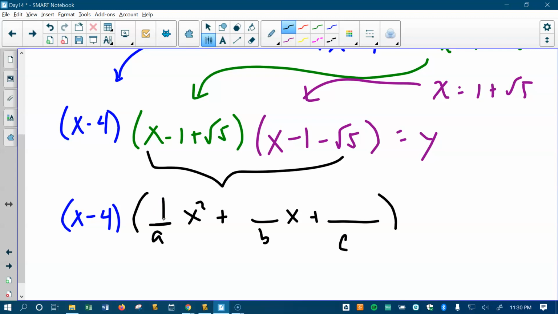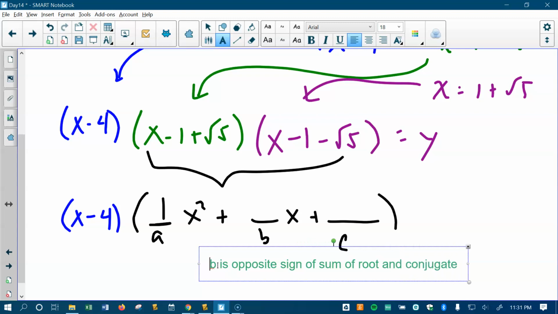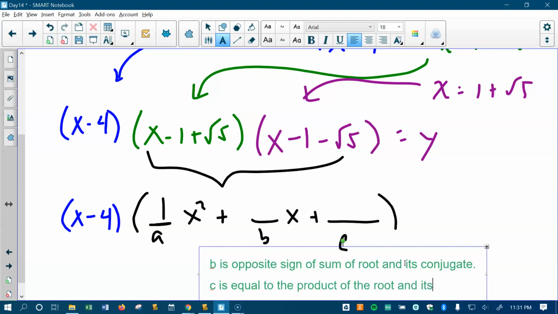The b is going to be the opposite sign of when I add the roots. So let me just type that in here. C is equal to the product of the root and its conjugate.